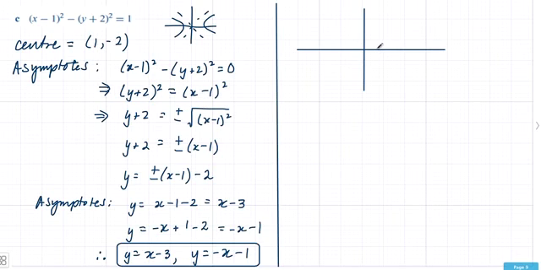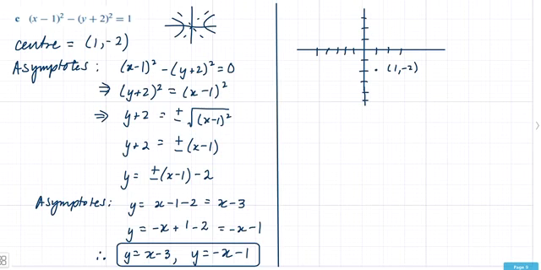Now the centre here is at (1, -2), which is here. The lines which create our asymptotes are going to intersect at (1, -2).